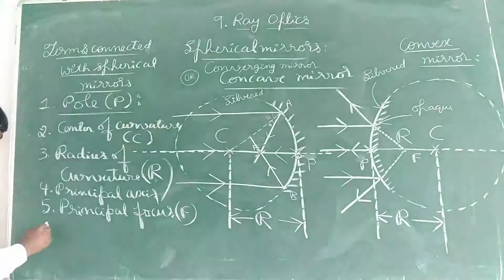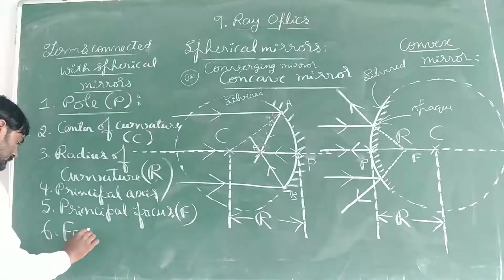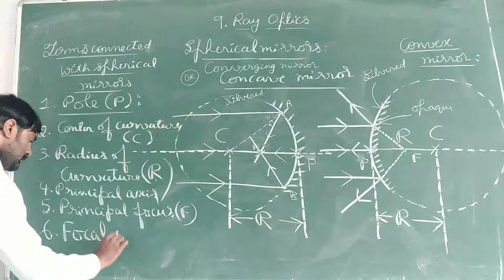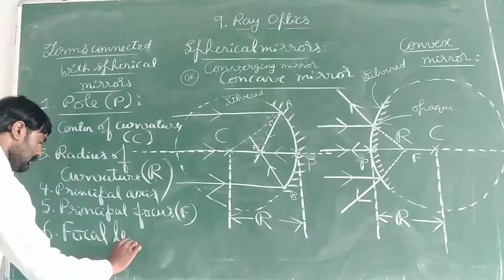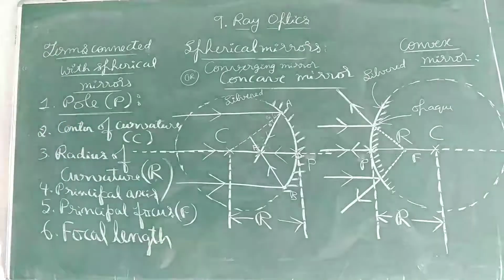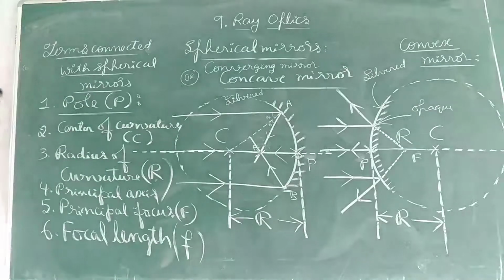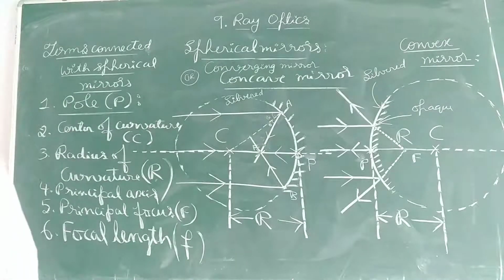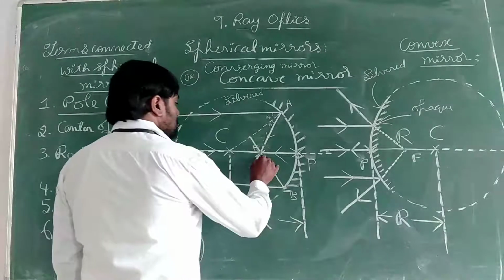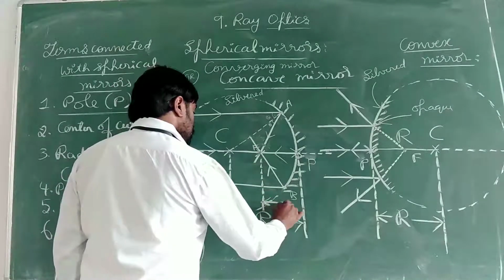And the next very important term is focal length. The symbolic representation is small f. Focal length is the distance from pole to focus.